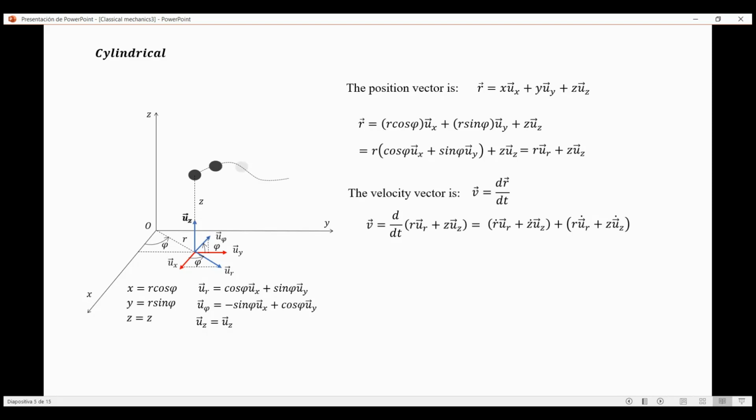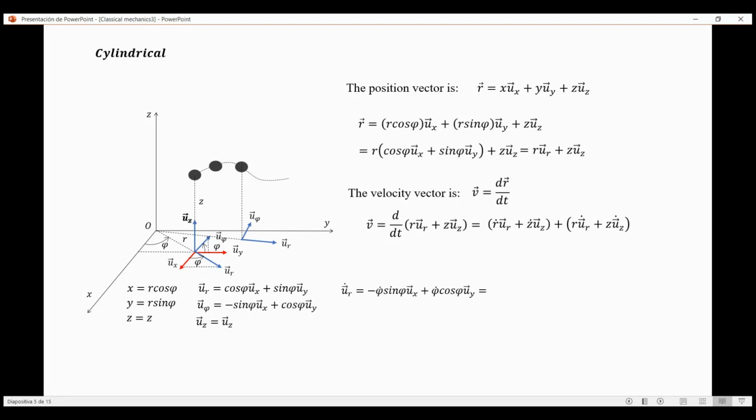When the particle moves along its trajectory, coordinates are varying, and so do the unitary vectors ur and u phi. ur has changed from this vector to this vector, and u sub phi has changed from this vector to this vector. So they are not constant in time, because they depend on the angle here, which varies in time.